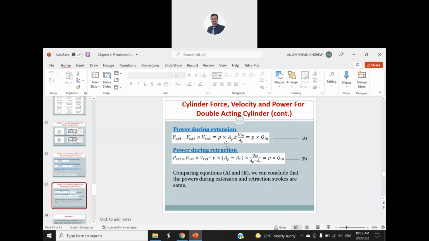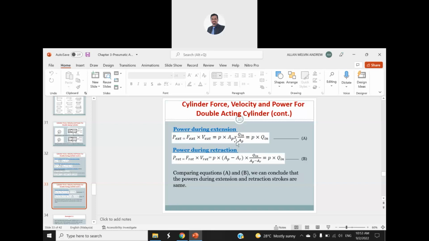Can you see my cursor moving? Yes. Okay. So here you have P times AP times Q in over AP, and here you have P times AP minus AR times Q in over AP minus AR. Actually, the power is the same because this is for your force and this is for your velocity, so they cancel each other.